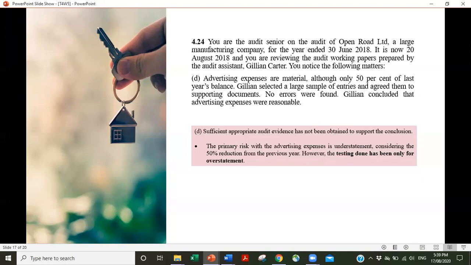It could be that those advertising expenses are understated and miscoded or misclassified into another account, possibly not on the P&L, but on the balance sheet, and they've been incorrectly capitalised.